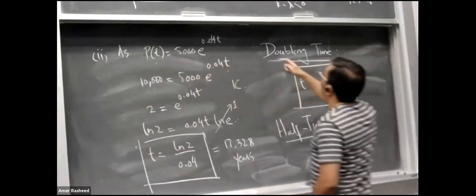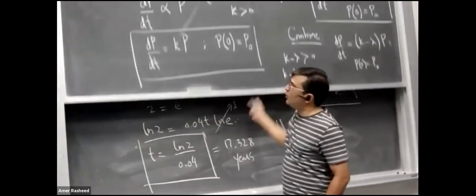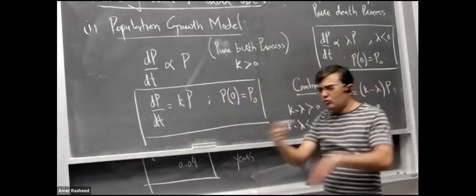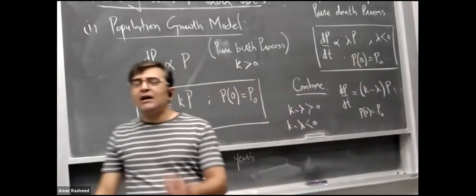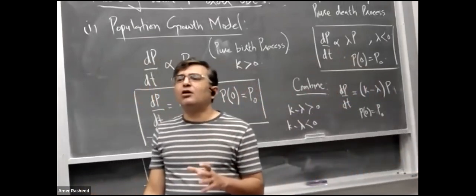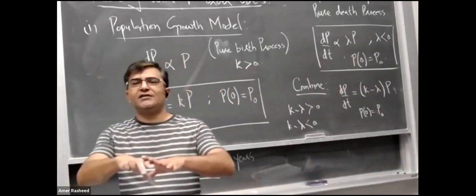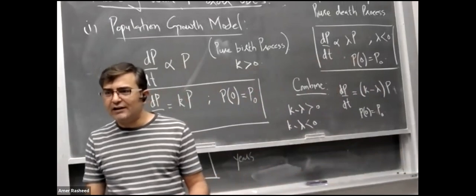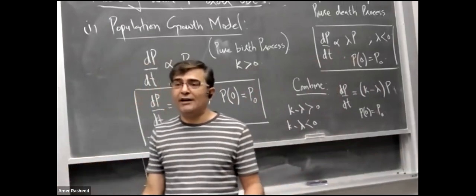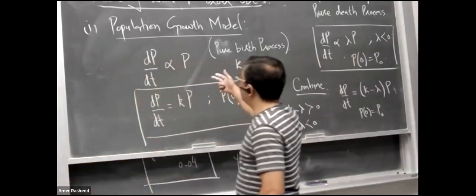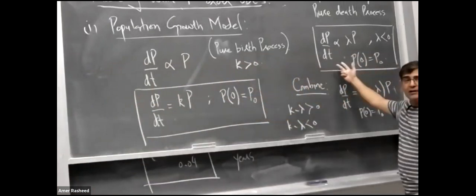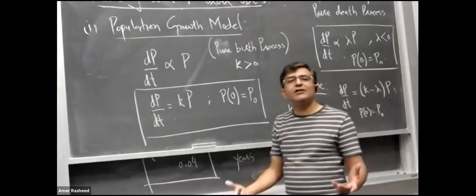This population growth model, or we'll discuss more models. Mathematical models can be used in different situations, for different physical phenomena. जैसे कि ये पॉपुलेशन ग्रोथ मॉडल है या ये डिके मॉडल है, ये सिर्फ पॉपुलेशन के लिए यूज नहीं होता.